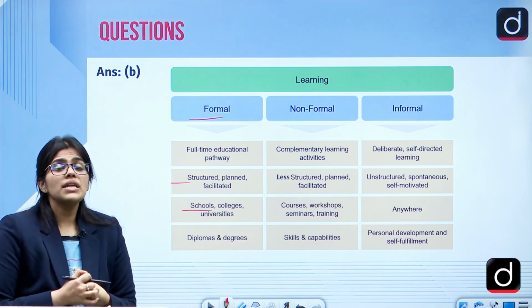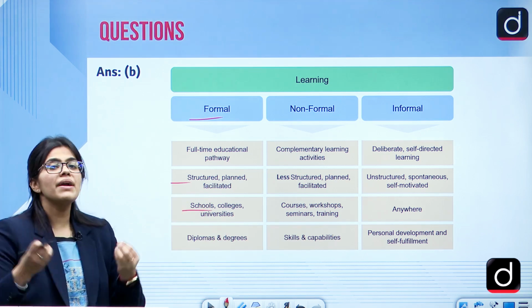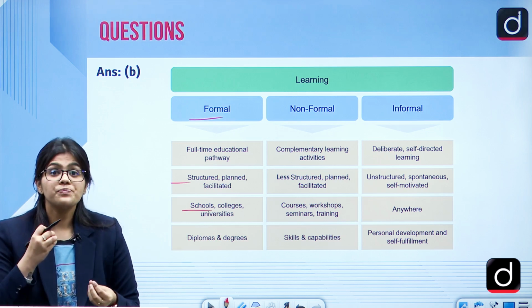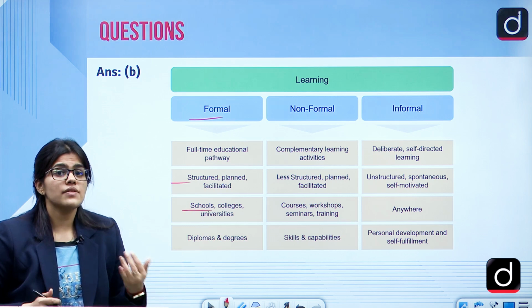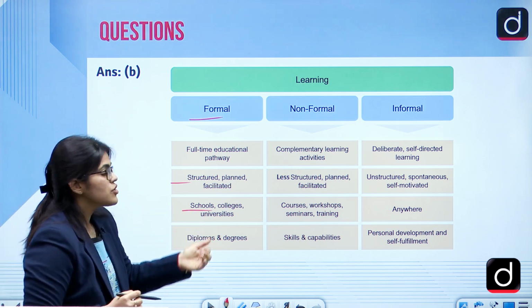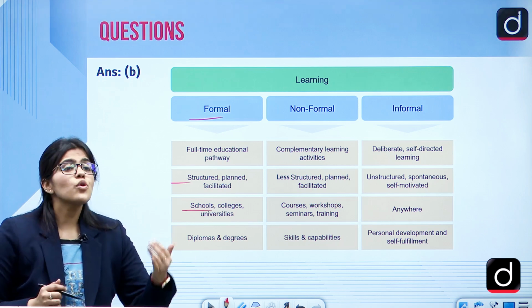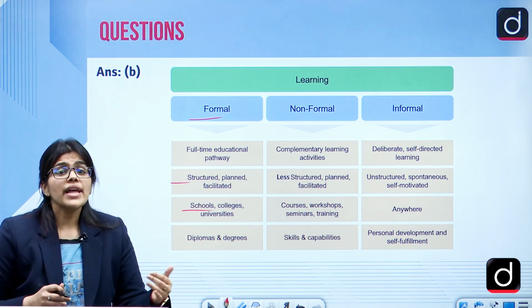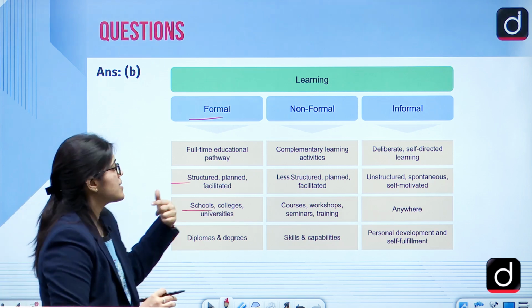Then comes the non-formal education. So non-formal education is basically education that has some complementary activities that you keep on learning. So this is contributing to your other fixed structures of studying. So you will say it is less structured, less planned and less facilitated. That means you go to coaching centers to study whatever is taught in the school. So that is less structured, but it is a type of what?